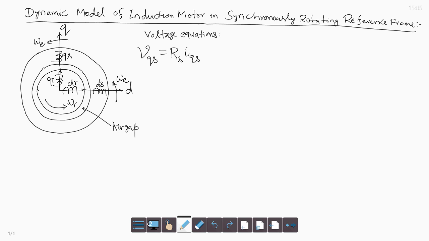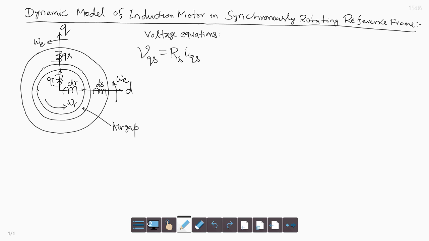The transformer EMF occurs in a transformer: when a stationary coil links with a time varying flux, the transformer EMF is produced, given by d psi by dt. The rotational EMF, which is there in the DC machine, is produced due to relative speed between conductor and flux. In AC machines, both these EMFs are there, transformer EMF and rotational EMF.